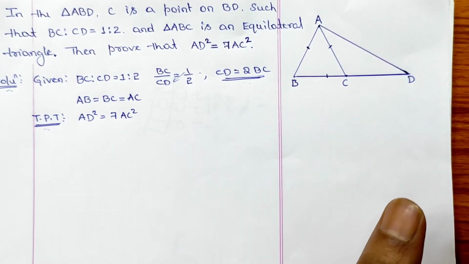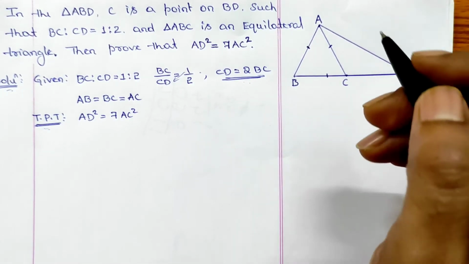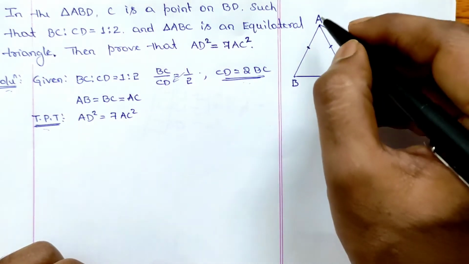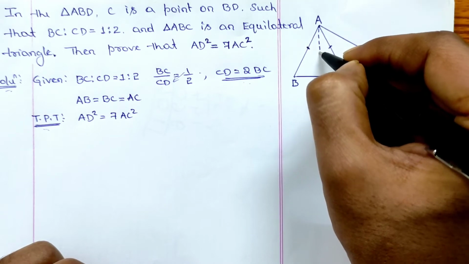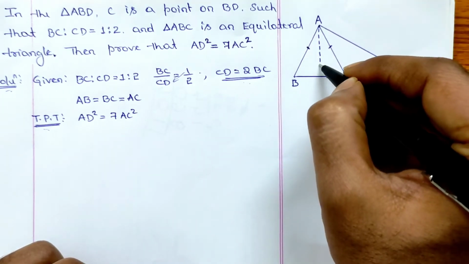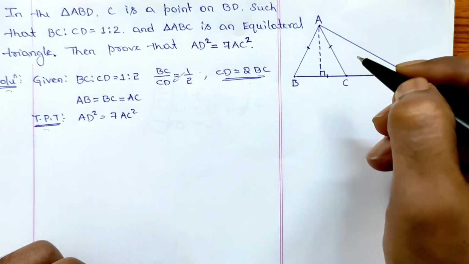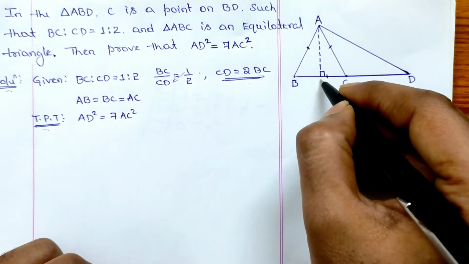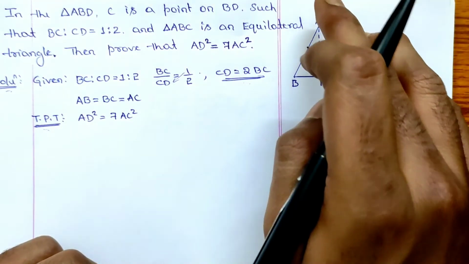So we have to do one construction. Let me do a construction here to get a right angle triangle. Draw the perpendicular from A to the side BD. So this is our construction. So we can get a right angle triangle. Let me name the point on BD as P. So what is the construction?